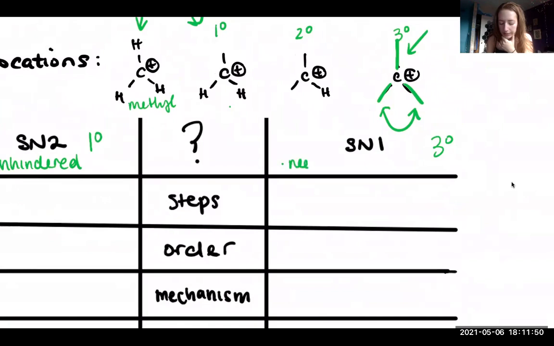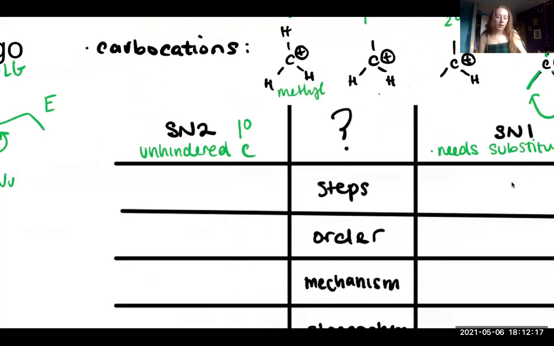Okay, so it needs it. It needs, let's say, I don't want to say hindrance, but it needs bulkiness. Like, it needs stuff or substituents around the carbon, versus an unhindered carbon.